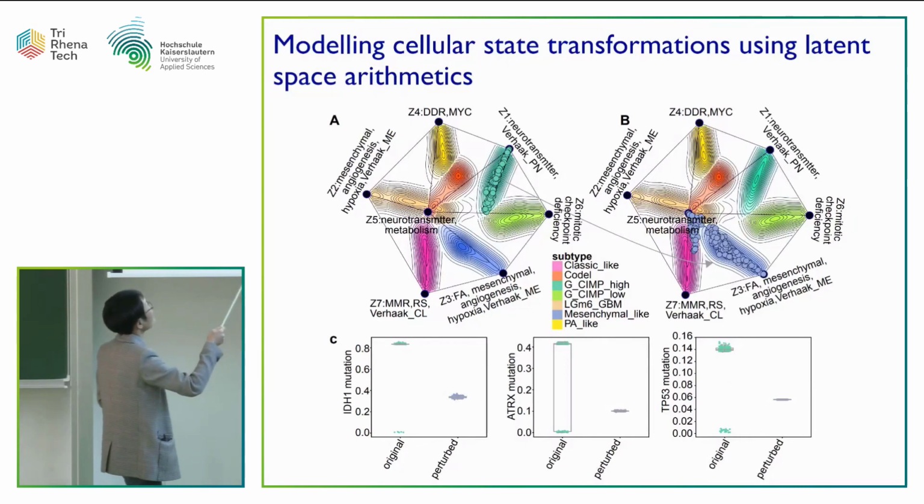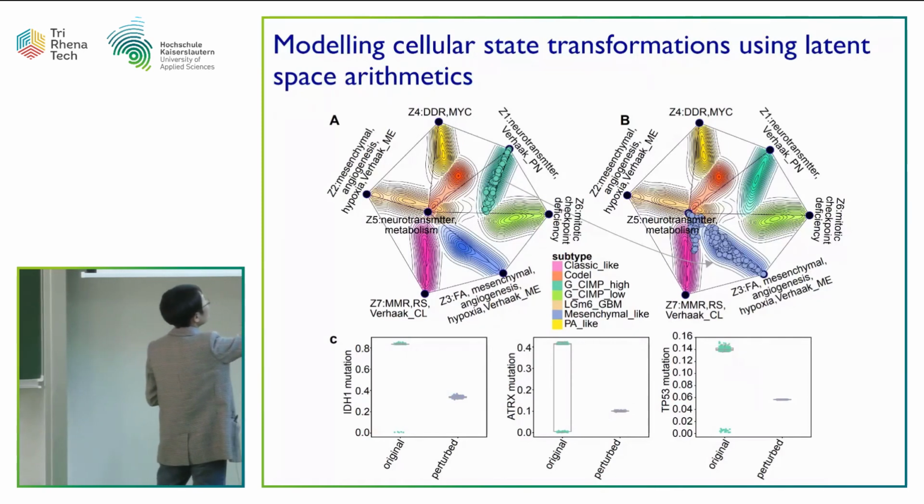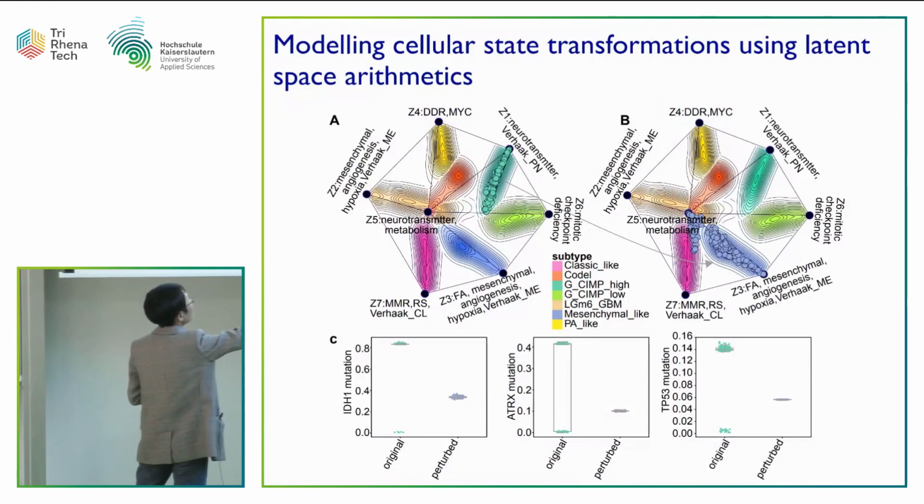We did a perturbation by adding a latent representation difference to the original samples, and we see the perturbed samples overlap with the target samples here.